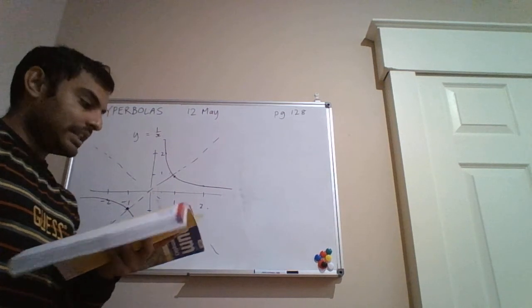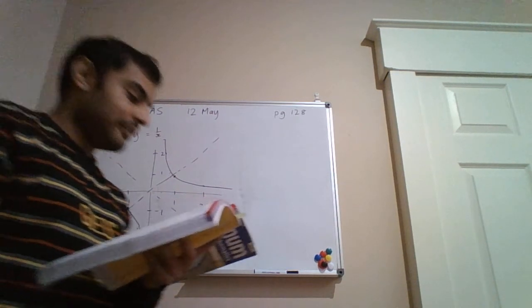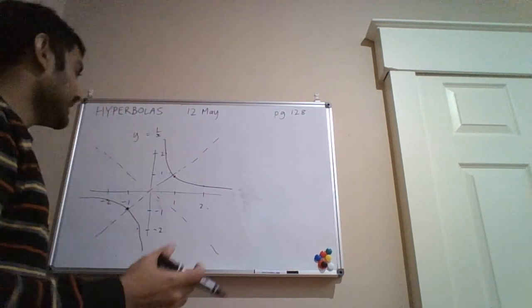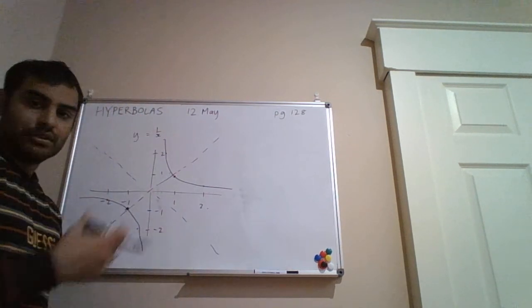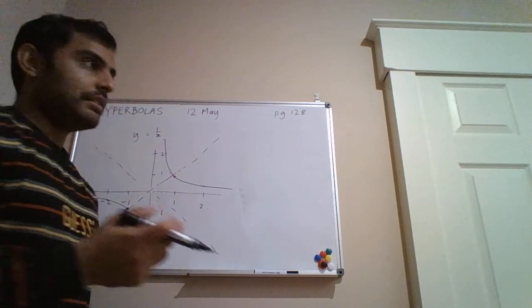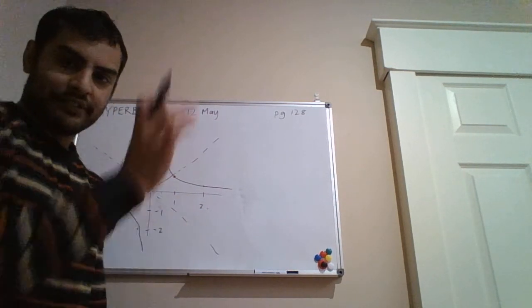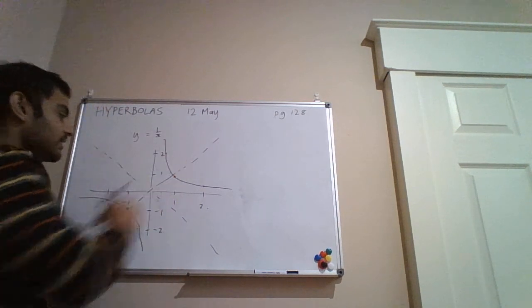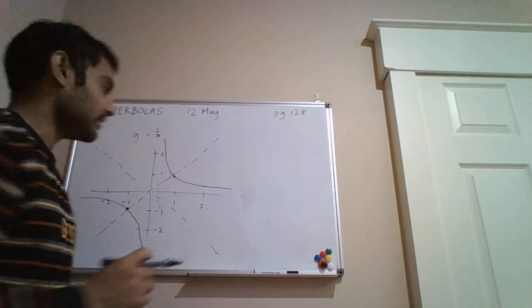So what about in the case when the graph is shifted? In this case, our axes of symmetry also shift. And it's only the value of q that affects the shift. The value of a doesn't really affect the axes of symmetry.